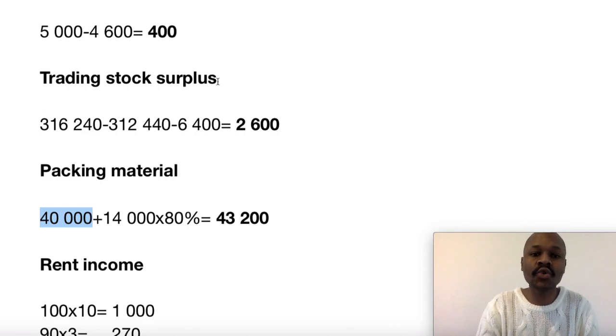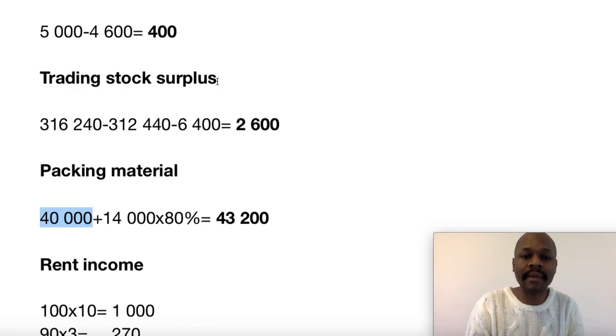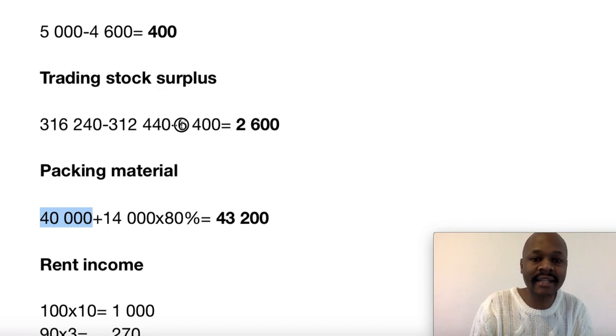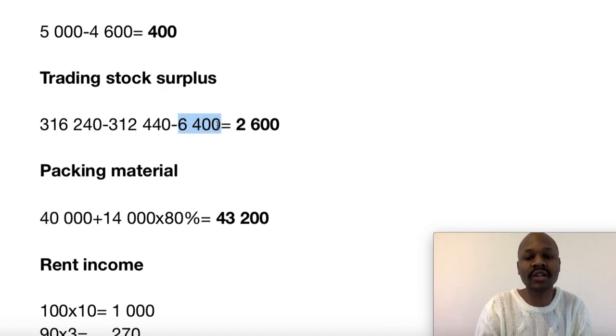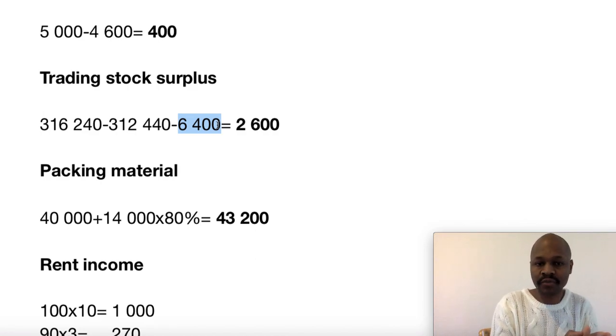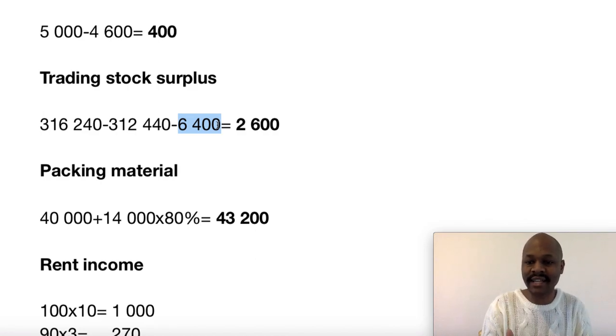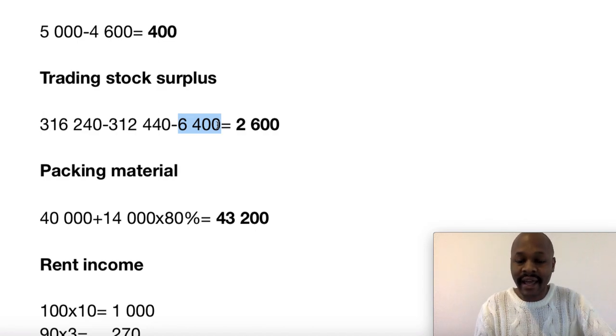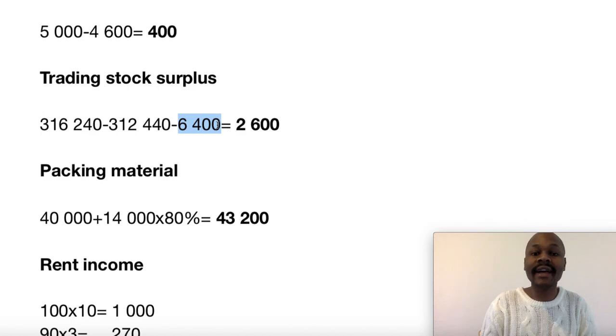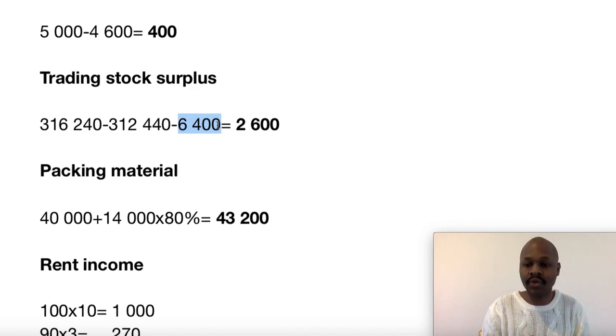Remember, what led to a trading stock surplus in this case is this figure 6,400, which was not taken into account. So it affects your opening stock. So when you compare the two, you realize that you have more on hand than you had anticipated. So it means you now have more stock. You now have income in accounting terms.